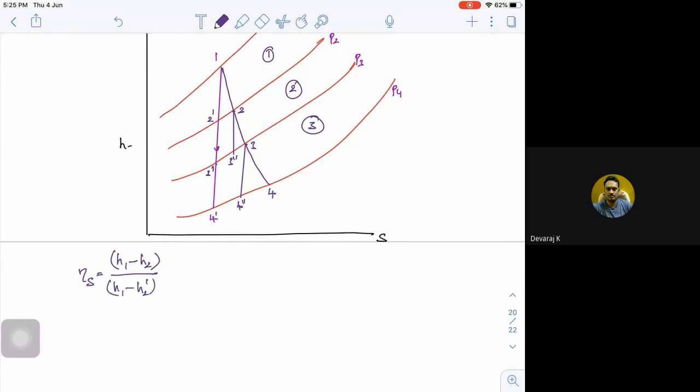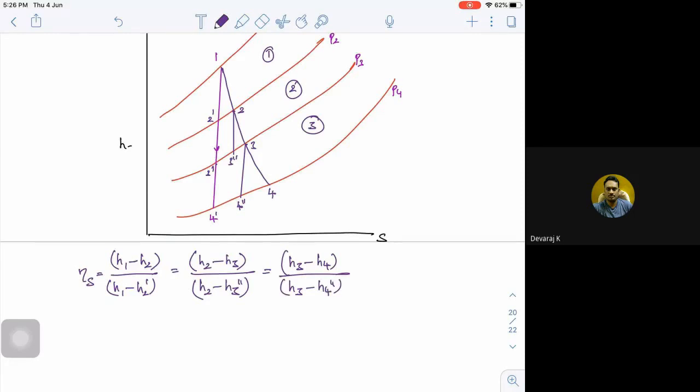Okay, this will be the stage efficiency. What about the stage efficiency for the second one? This will be H2 minus H3 divided by H2 minus H3 double dash. What about the third one? This will be H3 minus H4 divided by H3 minus H4 double dash.